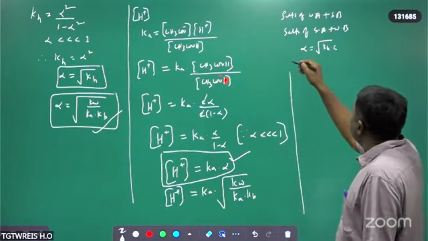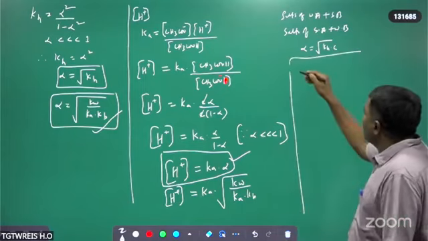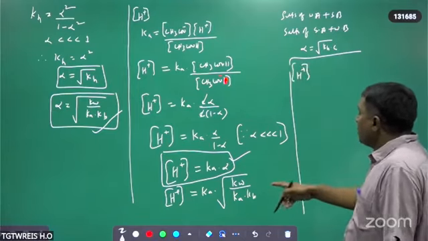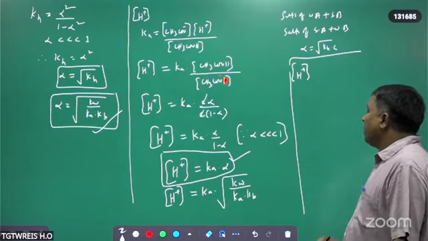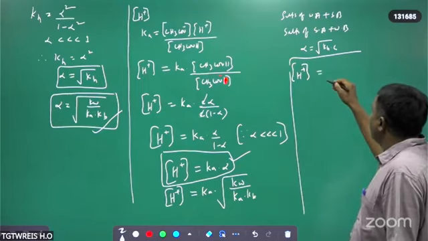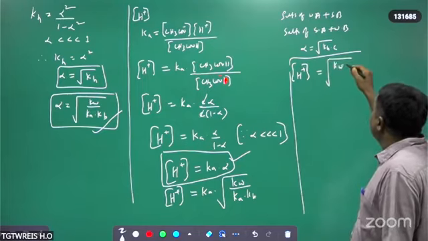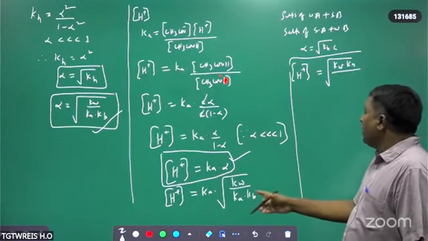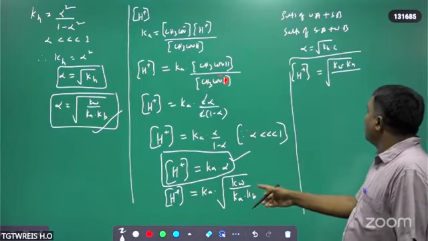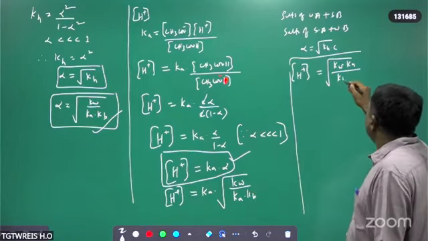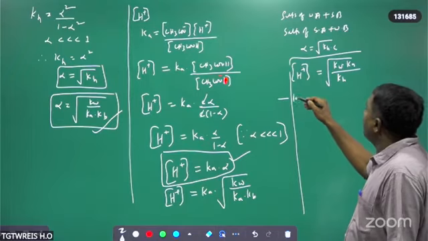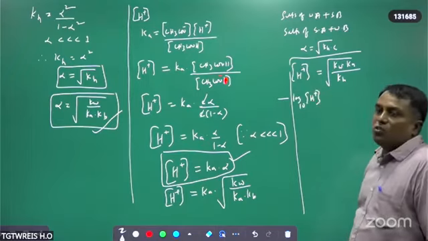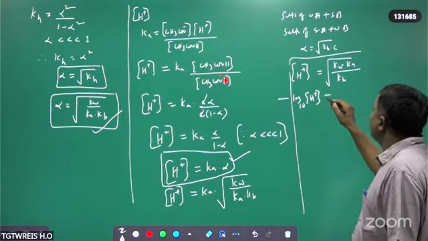So from this, by multiplying and dividing by Ka, you will get H plus ion concentration equal to Kw into Ka by Kb, all to the power 1 by 2. By applying negative log, minus log base 10 of H plus is equal to pH.